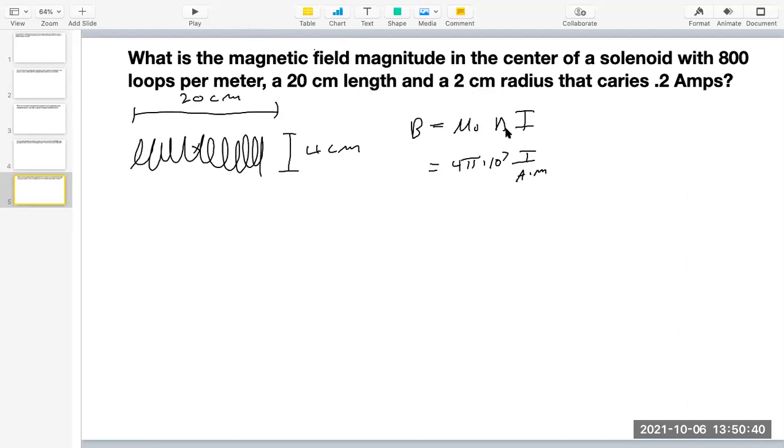Our units are Tesla meters. Our turn density is just the 800 per meter. And our current is 0.2 amps. And this works out to be about 1 millitesla.